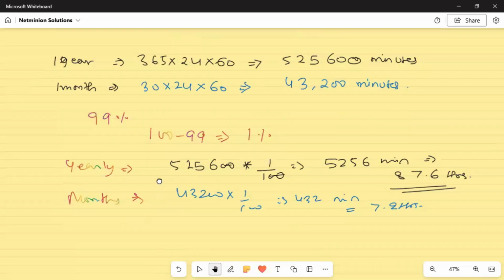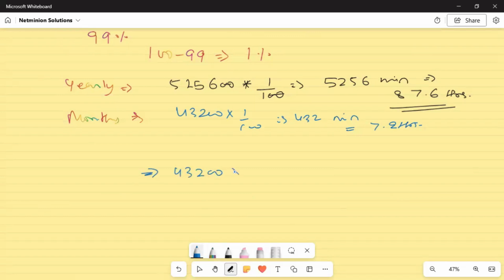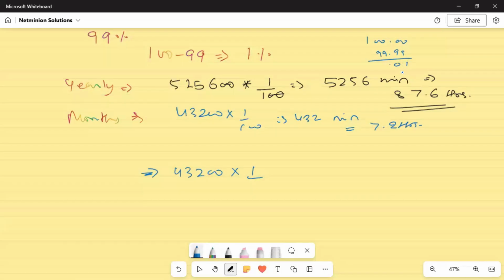Now, let us change the scenario. Let it be 99.9%. For monthly, let me convert. It will be 43,200 multiplied by 1 by 1000, since 100 minus 99.9 is 0.1%.